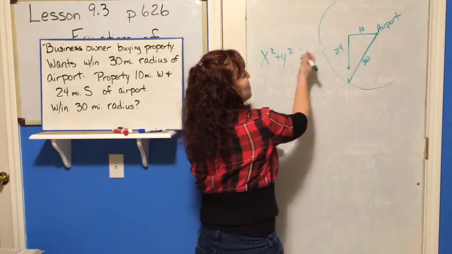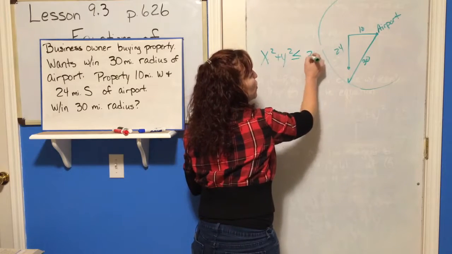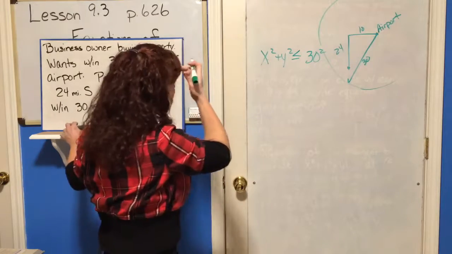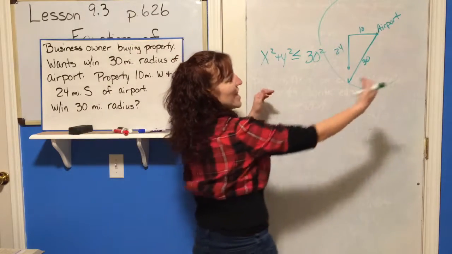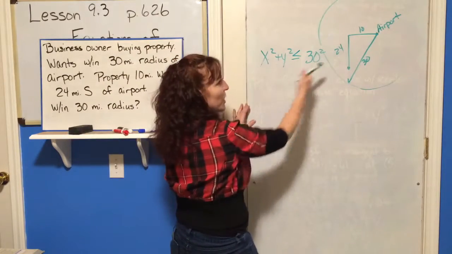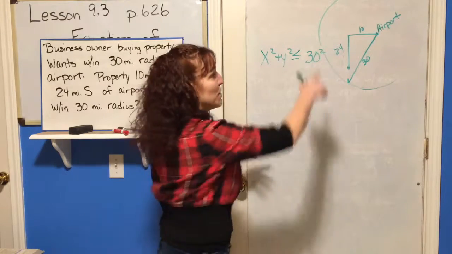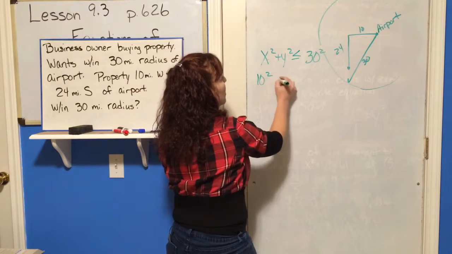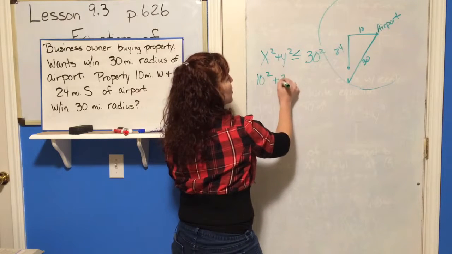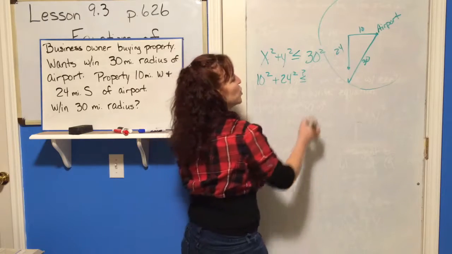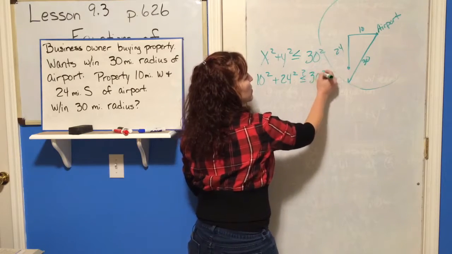So we want that to be less than or equal to 30 squared, because 30 is the radius. So all we're going to do is, the x value is 10. We're going to put in those numbers for x and y and see if this makes a true statement. So 10 squared plus 24 squared, is that less than or equal to 30 squared?